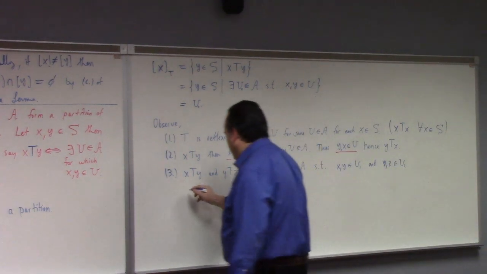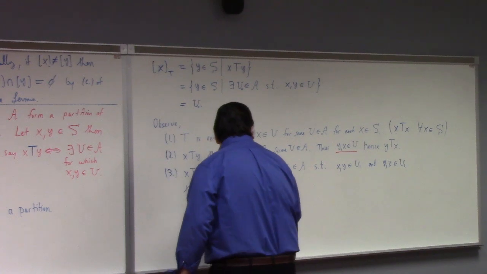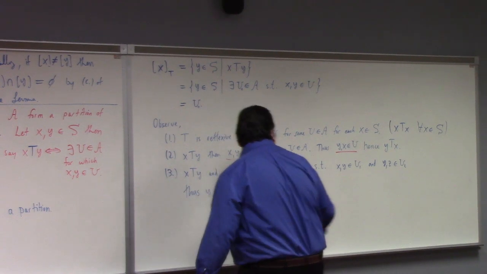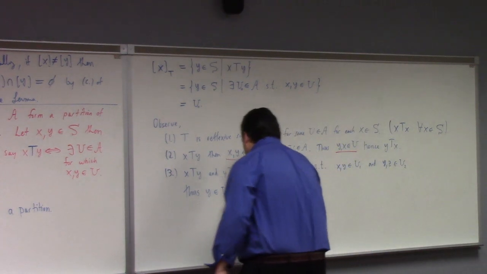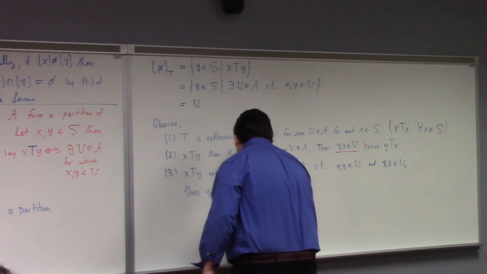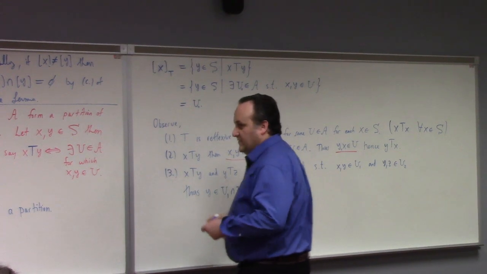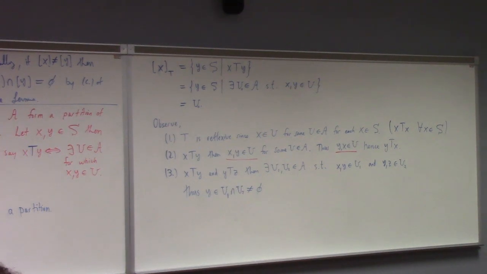Thus, what can you tell me about y? Y is an element of what? Thus y is an element of u1 intersect u2, right? Which apparently is not equal to the empty set because it's got an element in it. Just takes one point to not be the empty set. So what does this mean, though?